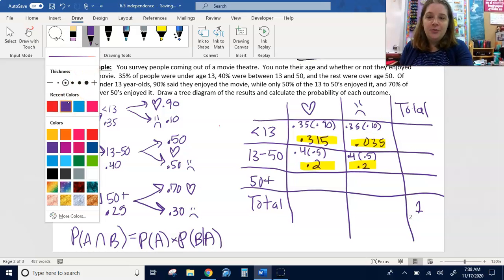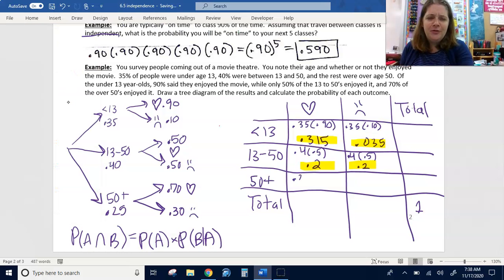All right, so thank you for your patience. I multiplied by the 50 years old instead of the 25%. Here we go. So 0.25 times 0.7 gives me 0.175, and 0.25 times 0.3 gives me 0.075.